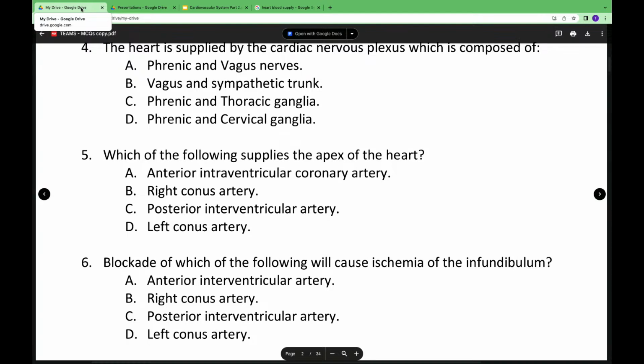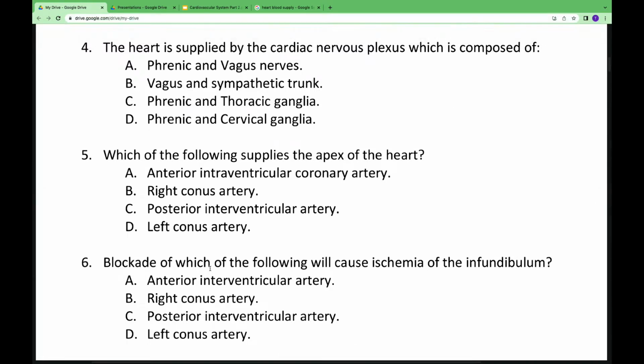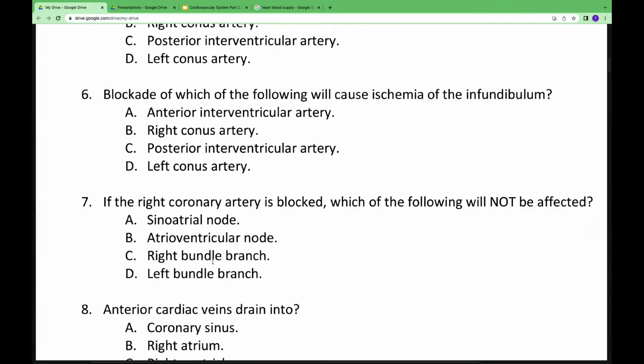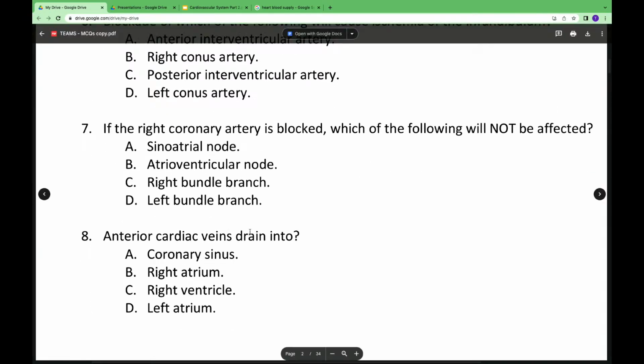This is how you will study the heart supply. Okay, good. Question number 5, please everyone take the photo for that because I will be asking for that. Sorry, question number 6. Okay, question number 7 and 8.